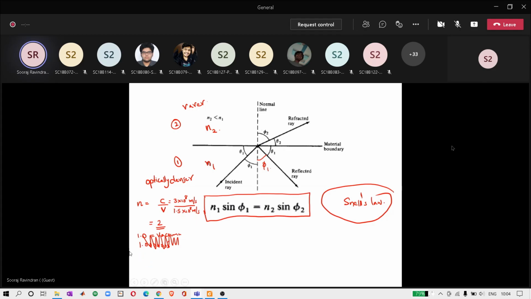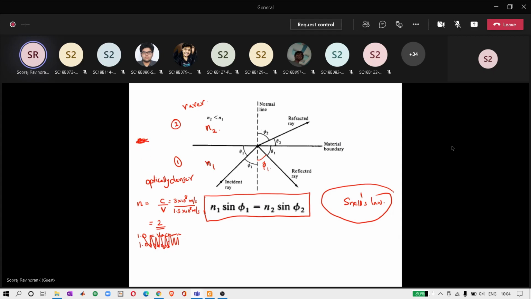Now you might have studied in your microwave course, there are certain artificially created materials whose refractive index is less than 1, or in other words, the refractive index is negative.